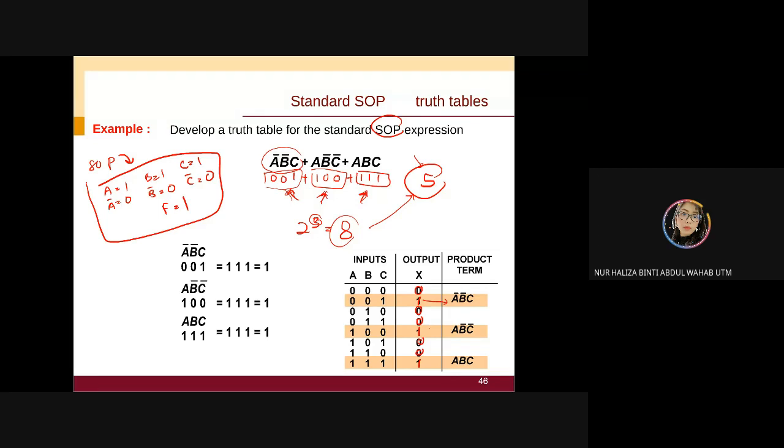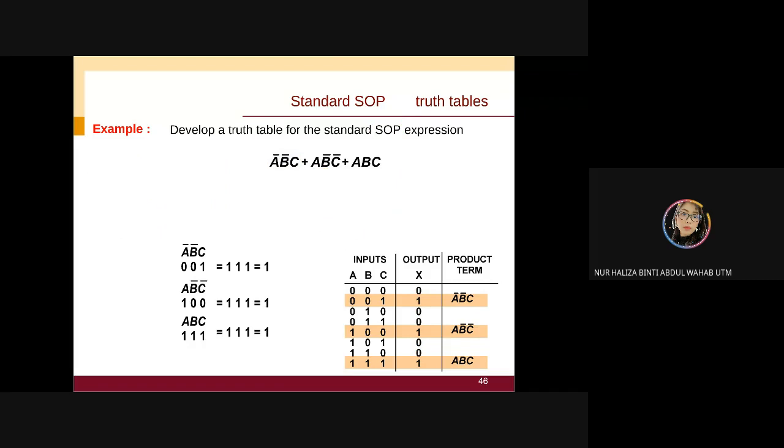And this is your SOP representation. After you have your SOP representation, you will look into your 0, 0, 0, which is POS. For POS, please remember A equal to 0, A bar equal to 1, B equal to 0, B bar equal to 1, C equal to 0, C bar equal to 1.